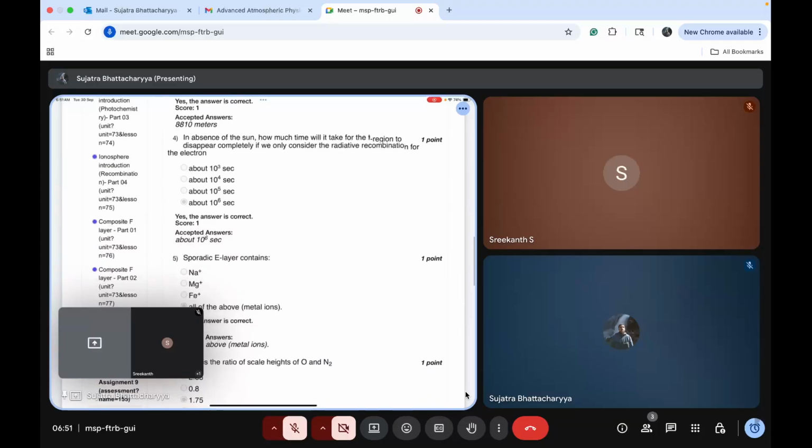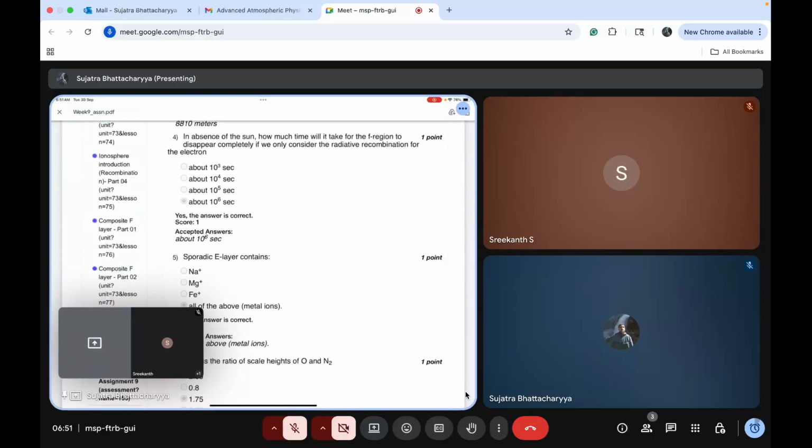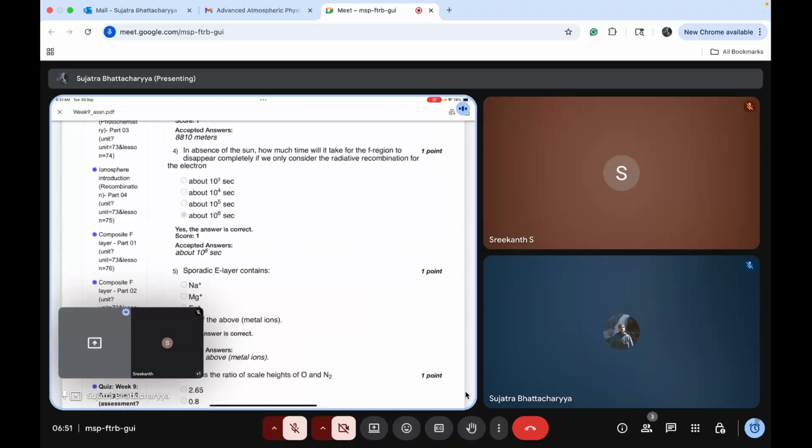Okay, let's go to the fourth question then. The fourth question is that in the absence of the sun, how much time will it take for the F region to disappear completely if we only consider the radiative recombination of the electron? We have discussed in the last sessions, as well as in the notes of the main lectures or the video lectures, that radiative recombination as compared to other recombination like the dissociative recombination is a much slower process because it has a very slow recombination rate.